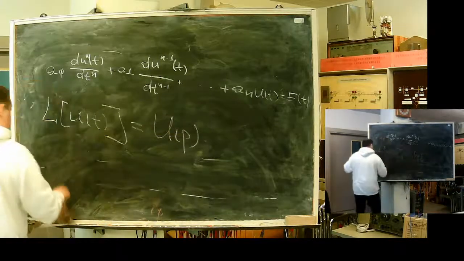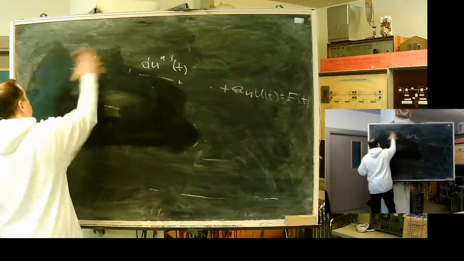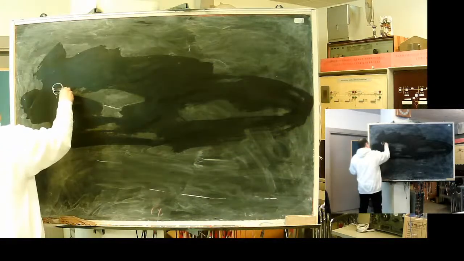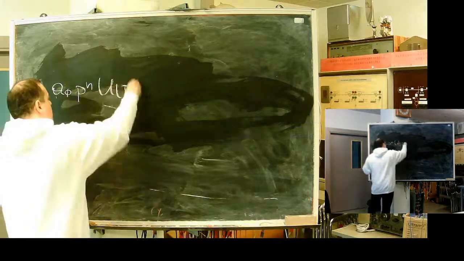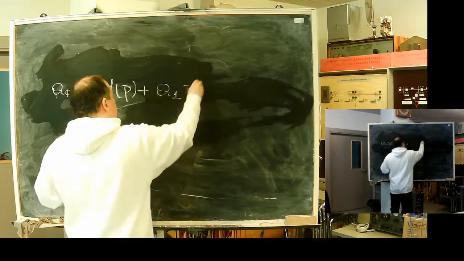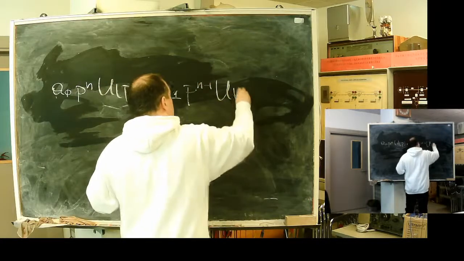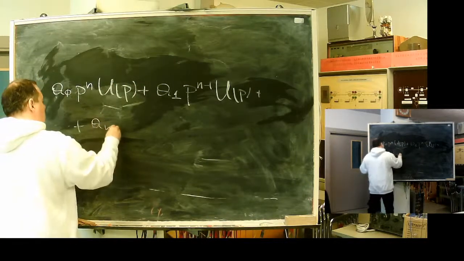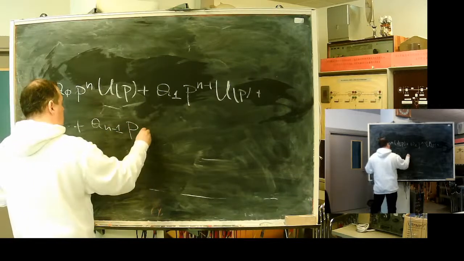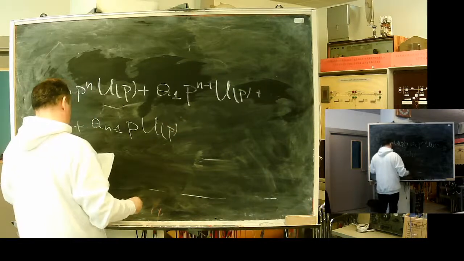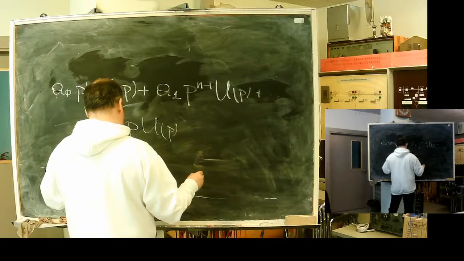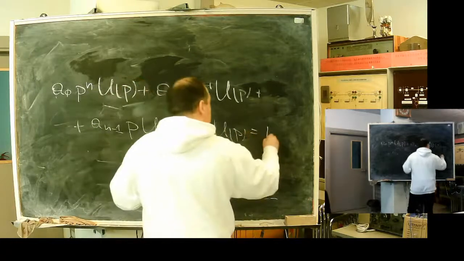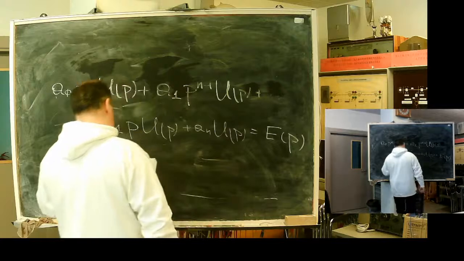And this one will transform into A0 p^n times the image of the voltage, plus A1 p^(n-1), plus ..., plus A1 p, plus An, times the image of the voltage, equals the image of the input.